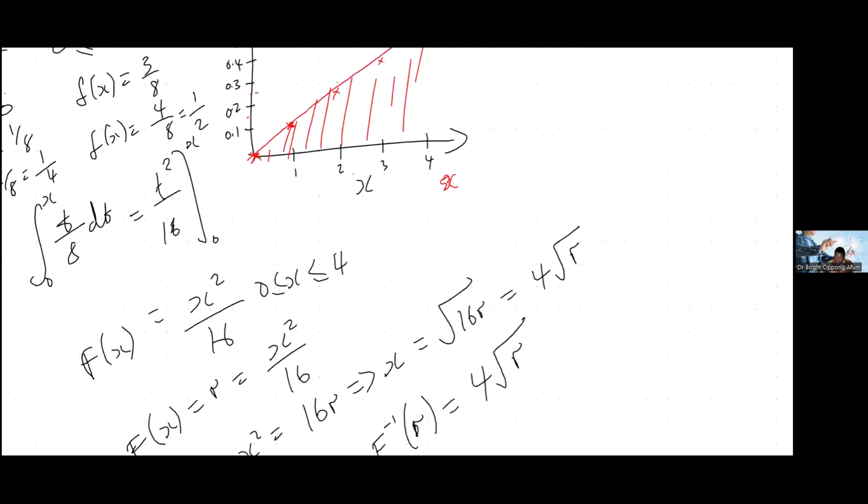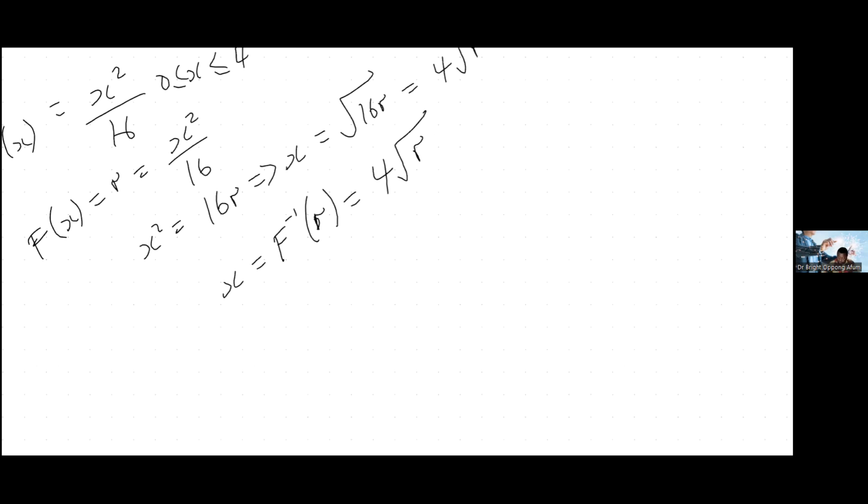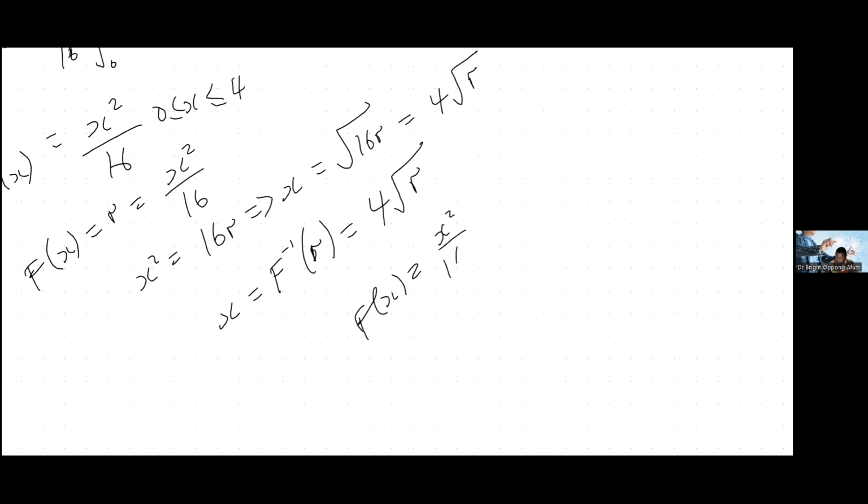So we can plot the distribution. F(x) is equal to x squared over 16 for 0 less than or equal to x less than or equal to 4. Say that if x is equal to 1, then F(1) is 1 on 16. Let's do for 0 first: 0.